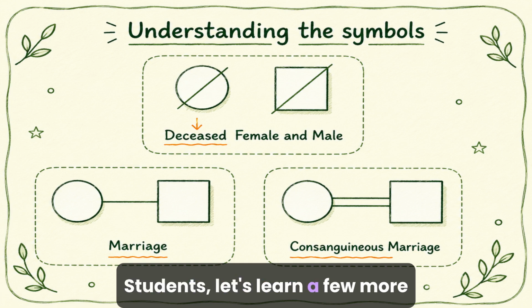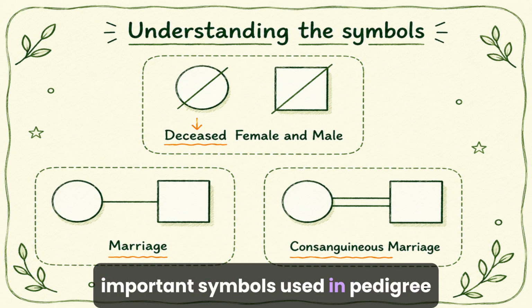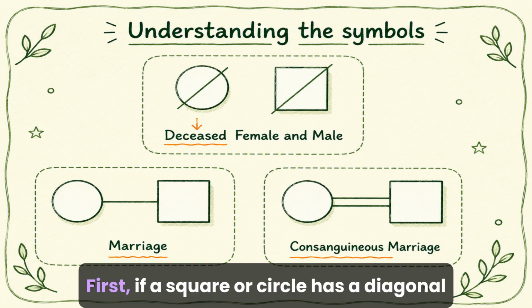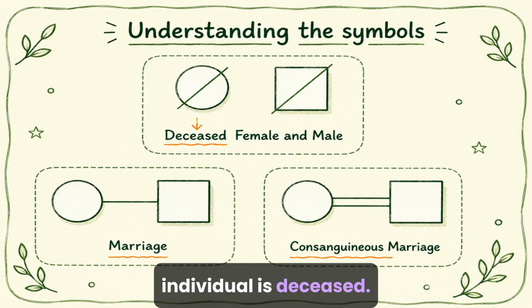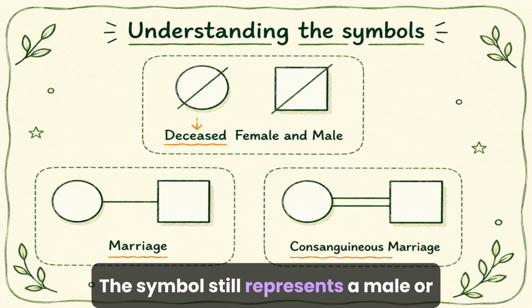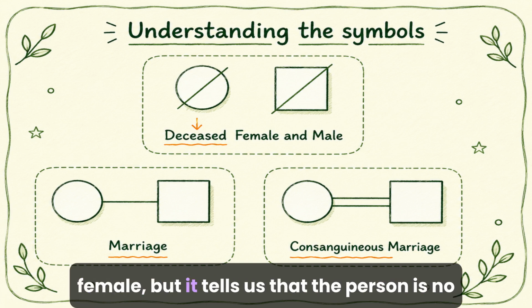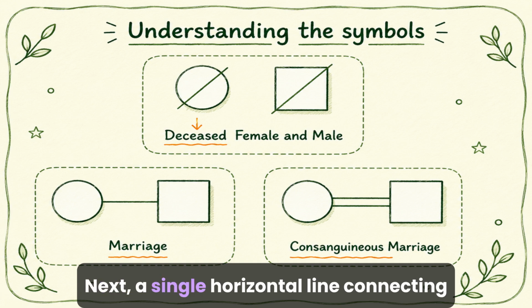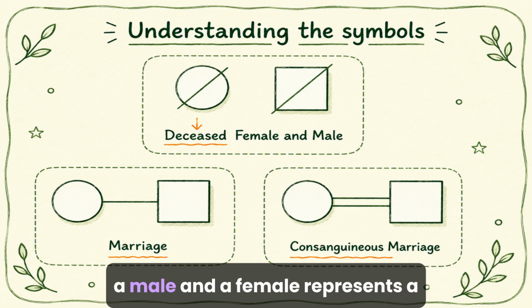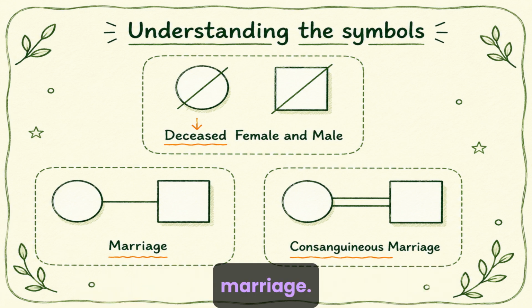Students, let's learn a few more important symbols used in pedigree analysis. First, if a square or circle has a diagonal line drawn across it, it indicates that the individual is deceased. The symbol still represents a male or female, but it tells us that the person is no longer alive. Next, a single horizontal line connecting a male and a female represents a marriage.